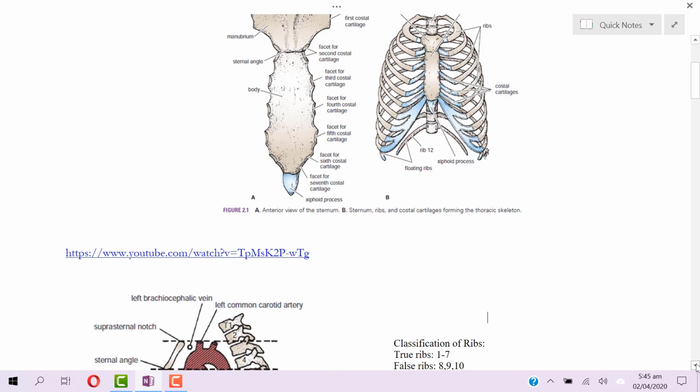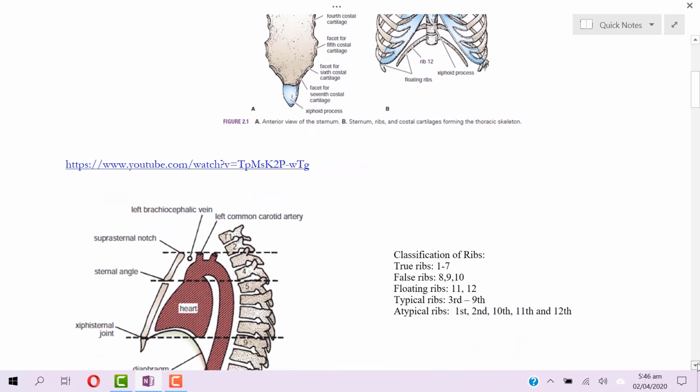A wide bore needle is used and the bone marrow is aspirated for the biopsy. This is the first importance. Number two, the sternum can be split if the surgeon has to do thoracic surgery. To gain access to the heart or lungs, he can split the sternum into two parts and do the surgery. This is also very important.